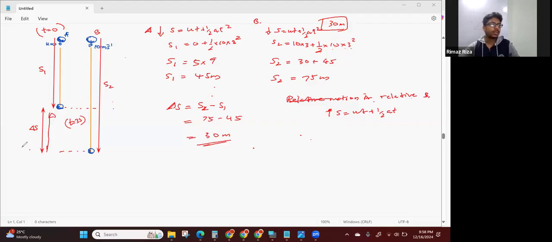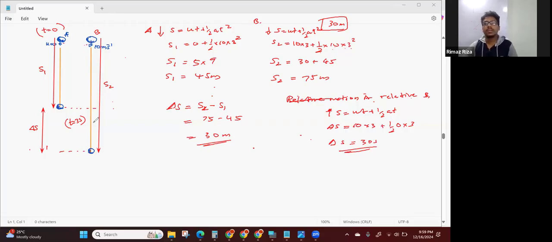So that is delta S, and the relative velocity is 10. You can write the relative velocity principle and you will get 10 into 3 plus half into relative acceleration, which is 0, into 3. So delta S equals 30. Relative velocity is 10, 10 into time 3, 30 is the answer. 30 meters is the answer.